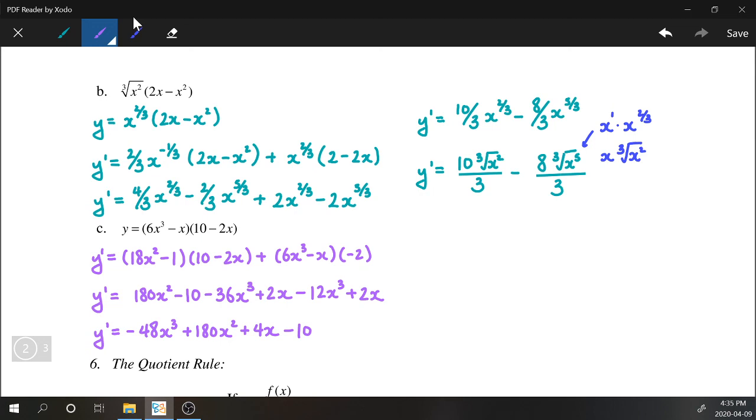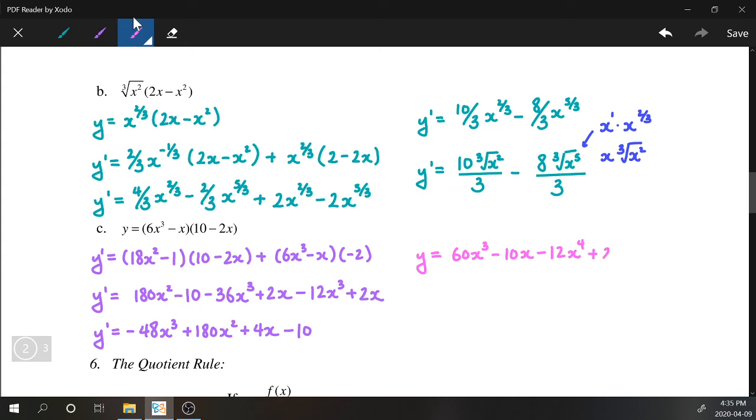Now, if you're interested, you can also do the question the other way. Include that information here as well. We can multiply the two binomials together. So we'll get 60x cubed minus 10x minus 12x to the 4th power, and then plus 2x squared.